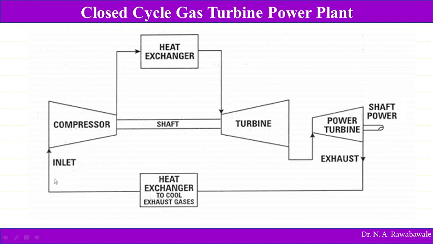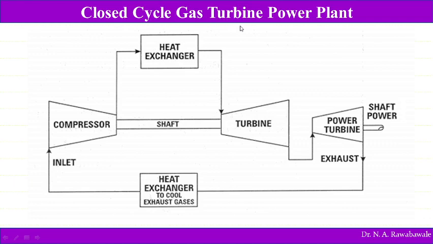Now here we can see the exhaust gases are passed into the compressor, and this compressor is going to compress these gases, and when they are supplied into the heat exchanger, these gases are heated in this heat exchanger, not by burning of fuel in the heat exchanger.